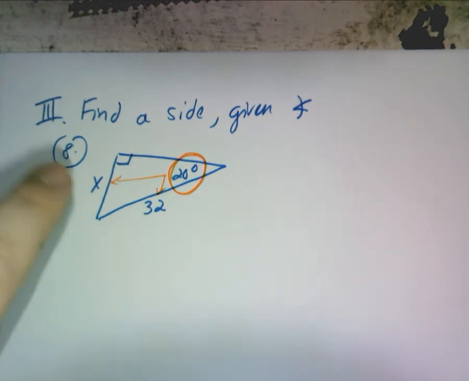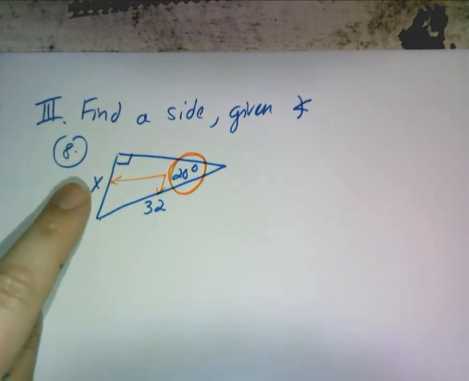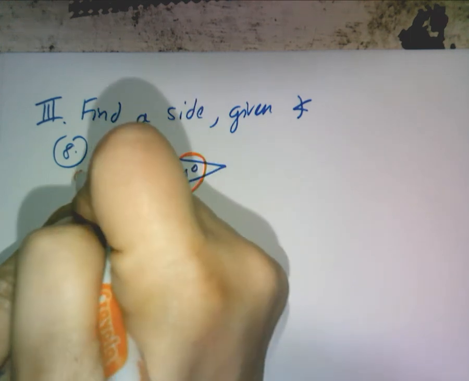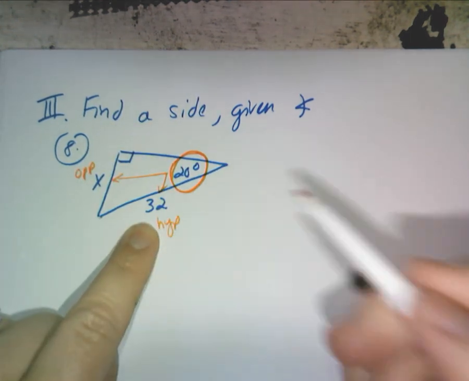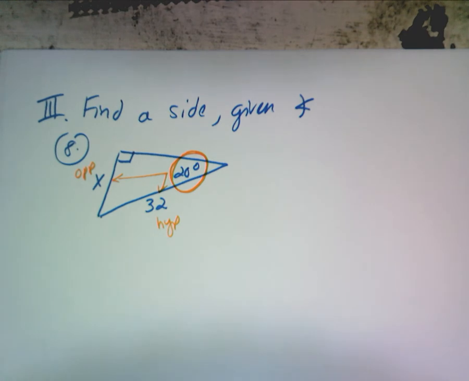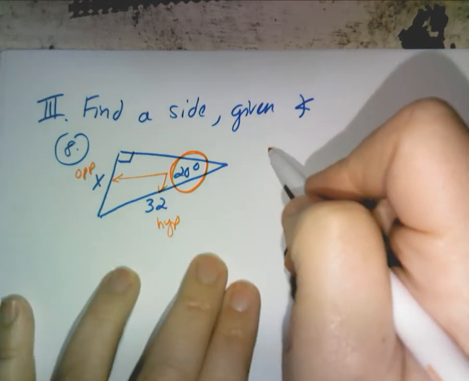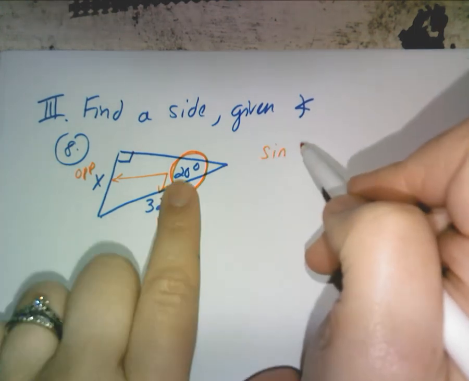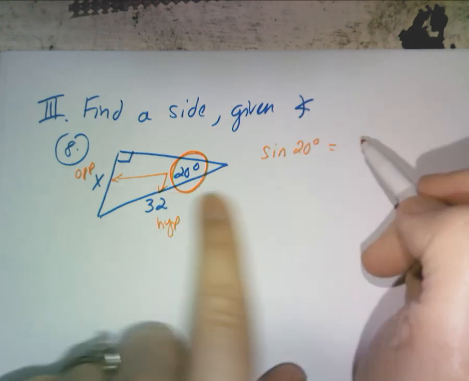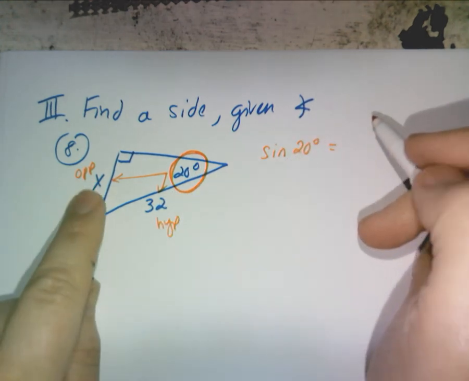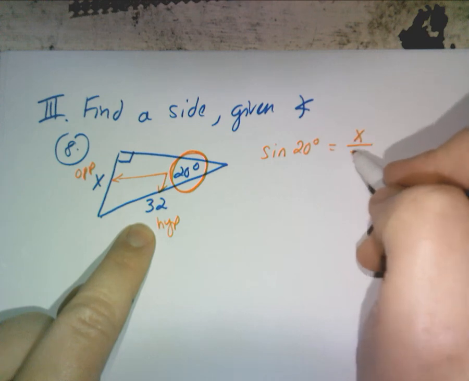Is this an adjacent, an opposite, or a hypotenuse? This is an opposite. What's this one? Hypotenuse. Thinking of the word SOHCAHTOA, which one has opposite and hypotenuse? Sine. So you would write the sine of 20 degrees. You always write sine of the angle equals your ratio. Opposite over hypotenuse, so x over 32.